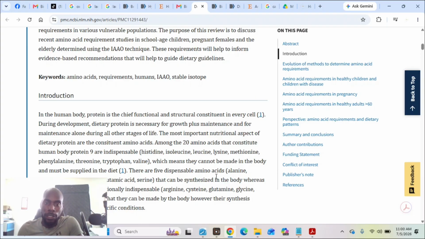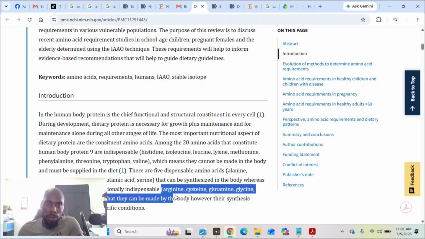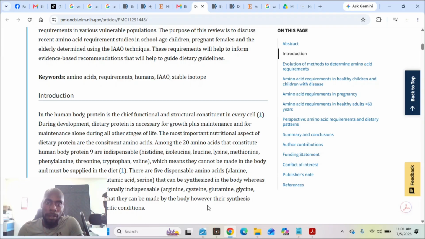There are 5 dispensable amino acids. So we have the 5 dispensable amino acids here that can be synthesized in the body, whereas the remaining 6 are conditionally indispensable, meaning they can be made by the body, however, their synthesis becomes limiting under specific conditions.